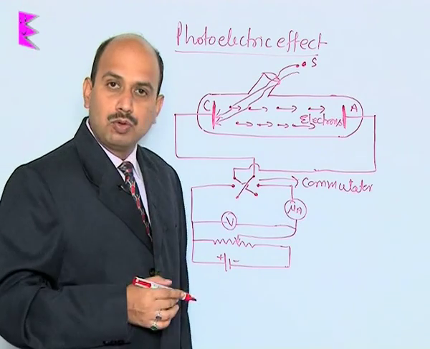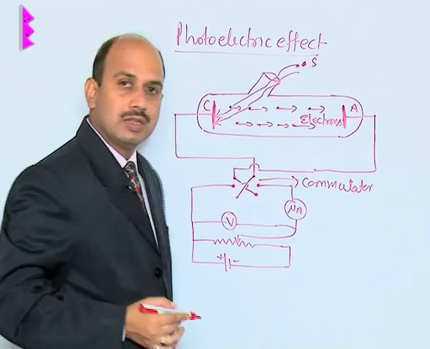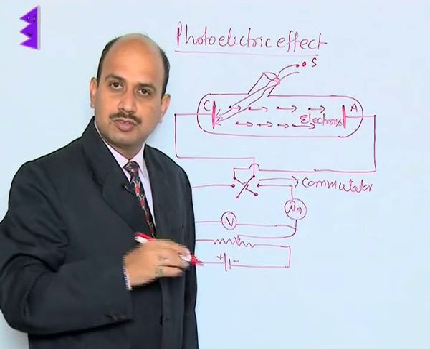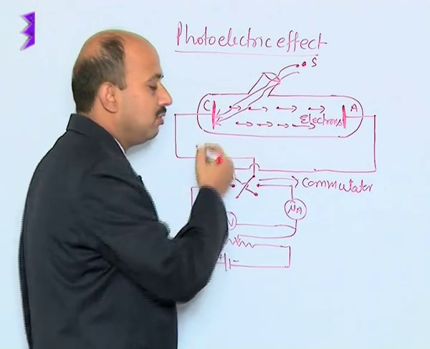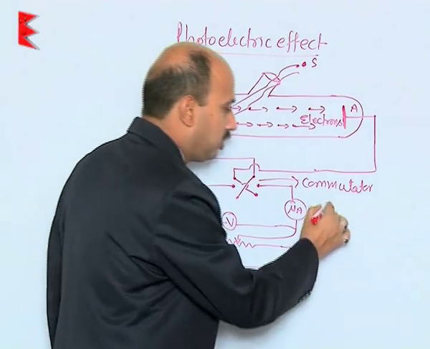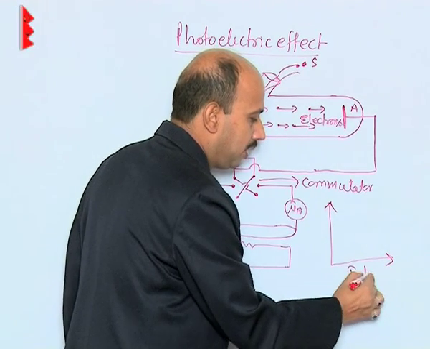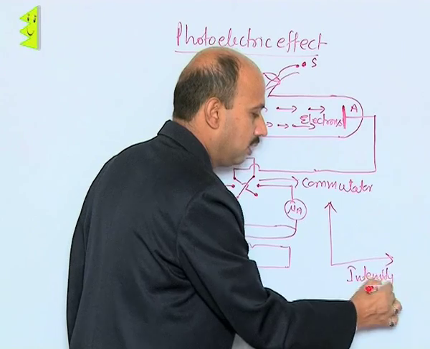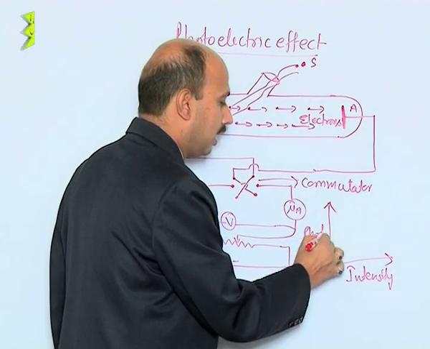Now what happens to the photoelectric current? If you keep the frequency of the radiation falling on the emitter plate C constant and vary the intensity, you will find there is a relation between current and intensity. Here I will write intensity, and here photoelectric current.